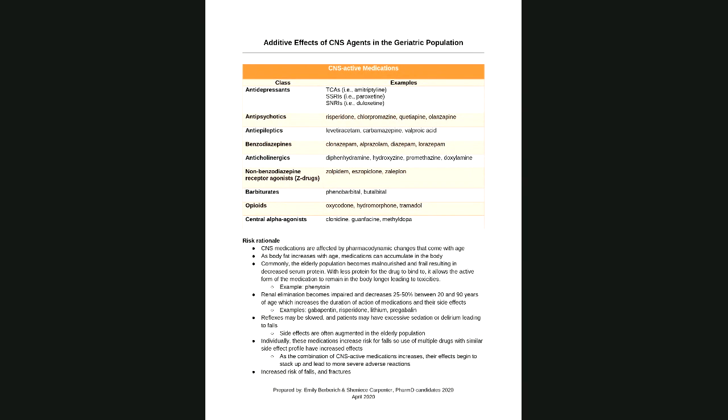So when a drug is supposed to be eliminated renally and a patient has decreased renal function, that also means that the drug is going to hang around and increase the duration of action of the medication, and then there's also going to be more side effects. So some common drugs that are renally eliminated include gabapentin, risperidone, lithium, and pregabalin or Lyrica.